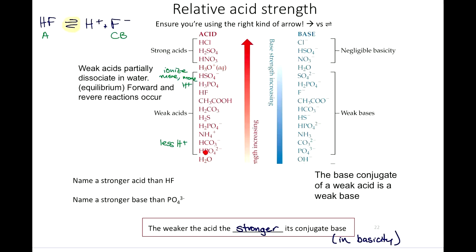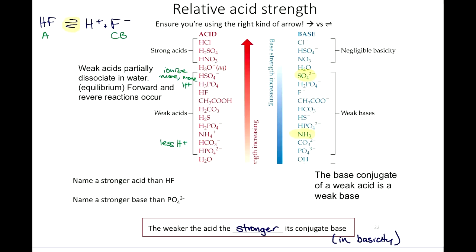So these are just comparing the acids, but then we can also compare the conjugates of these acids. If I compared SO4 2 minus and ammonia, for example, SO4 2 minus is the conjugate of HSO4 minus. And so we can make a relationship based upon the relative acidity of these weak acids and bases, versus ammonia is the conjugate base of ammonium.